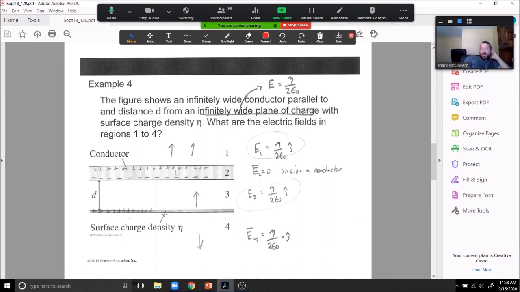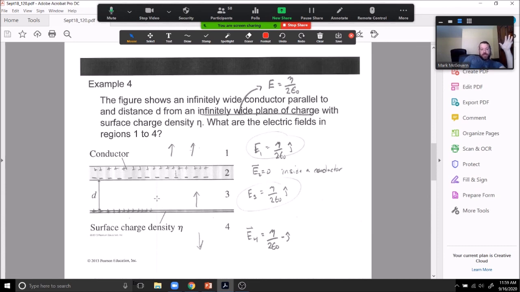So we know that the electric field above the conductor is the same as it is underneath the conductor. Once we're outside of the conductor, it's like the conductor doesn't even exist, because right outside the infinite plane of charge, we know what the electric field is: eta over 2 epsilon naught.